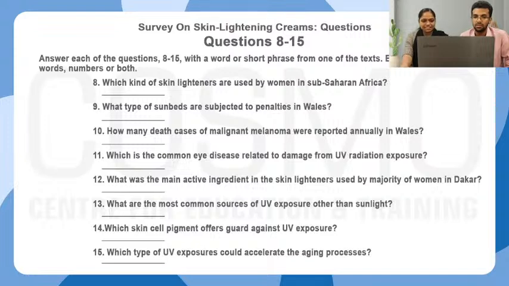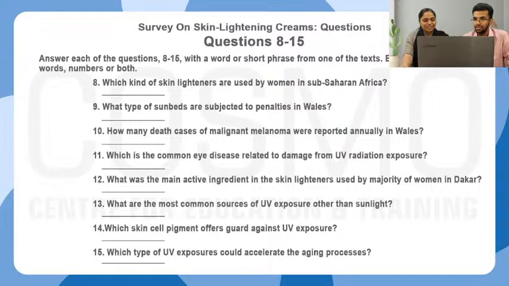Let's move to question number 10. I think it's a pretty easy question. How many death cases of malignant melanoma were reported annually in Wales? I think most of you can identify which text this question is coming from, right? Because the keyword can only be found in one text.